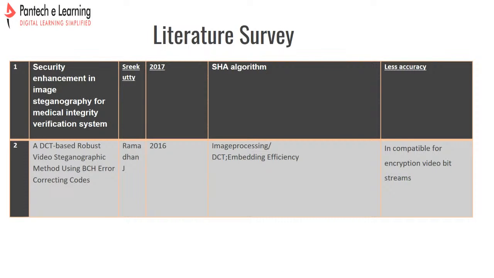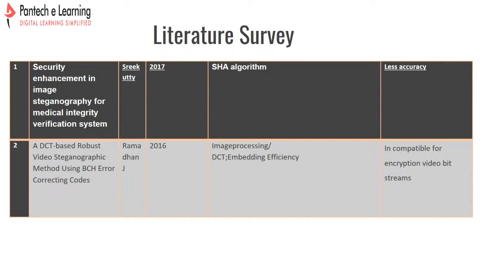In this literature survey, according to the allocation, they have used security enhancement in the form of the SHA algorithm, and the same with image processing and discrete cosine transform for embedding efficiency. These are the literature surveys I was able to find.